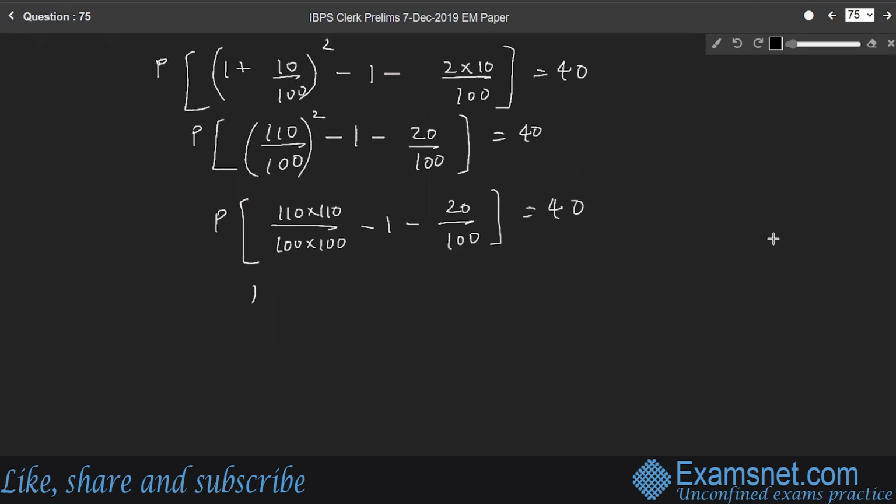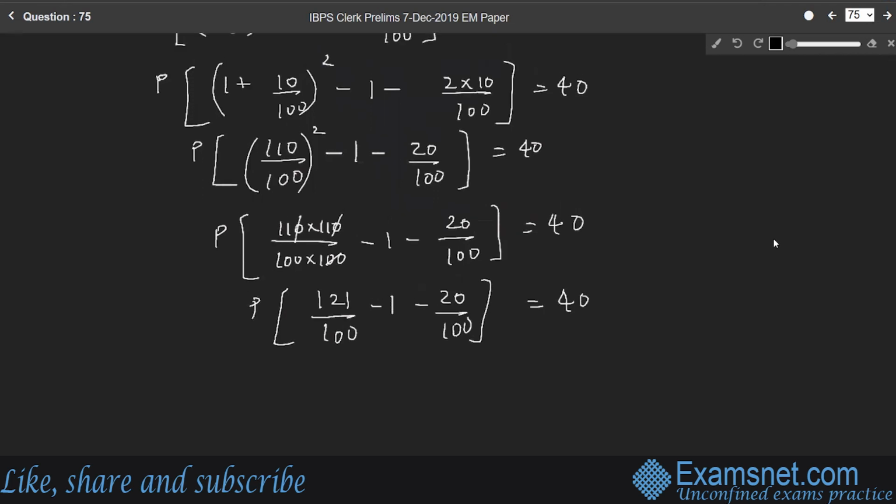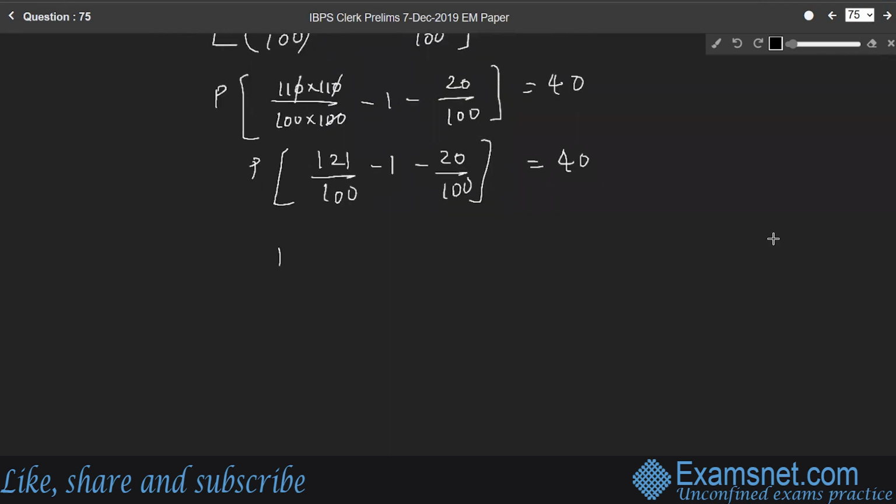Therefore, P into 110 into 110 by 100 into 100 minus 1 minus 20 by 100 is equal to 40. We can simplify. Here we can cancel 2 zeros in both numerator and denominator. You will get 121 by 100 minus 1 minus 20 by 100 is 40. Taking 100 as LCM, P into 121 minus 100 minus 20 is equal to 40.